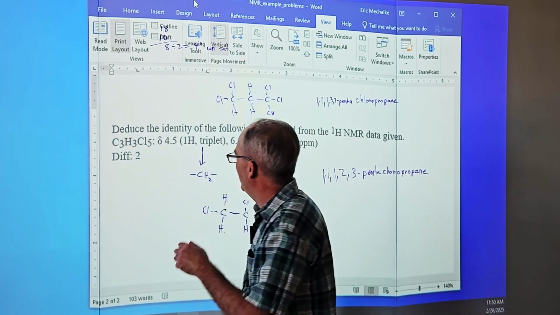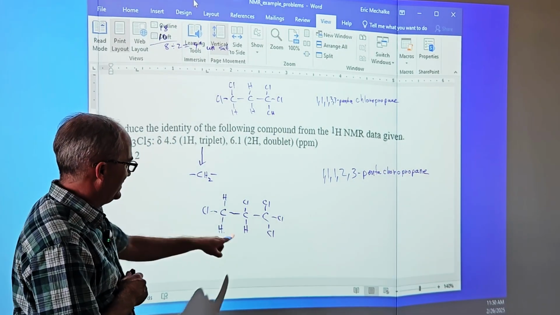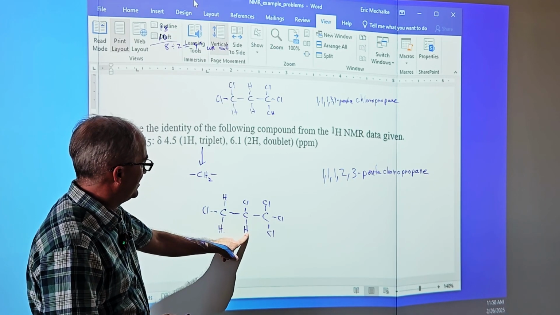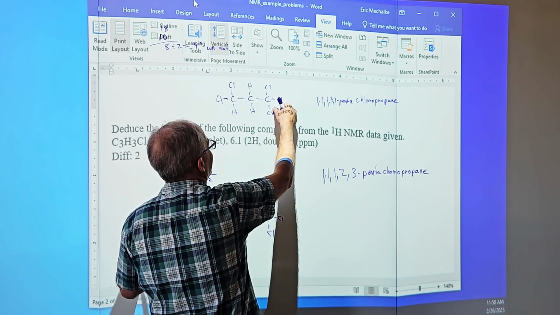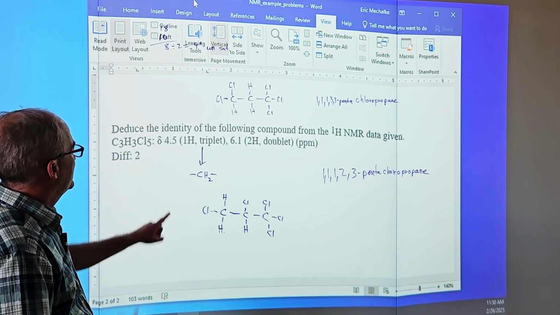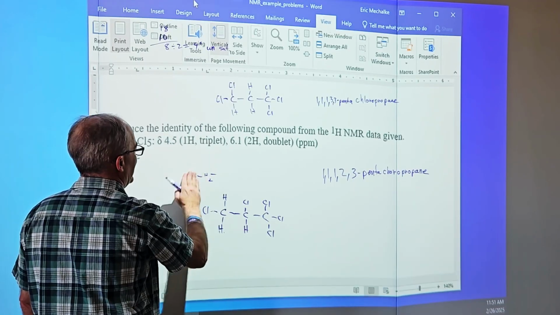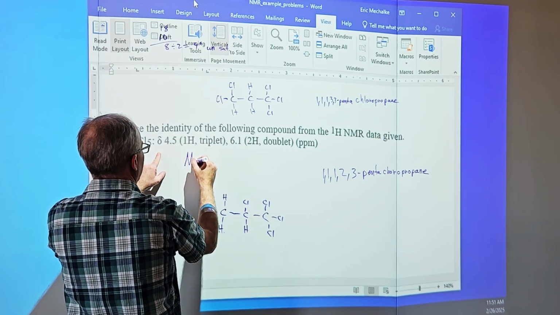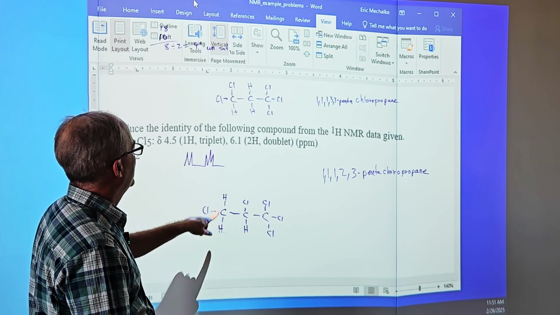Let's think about where these peaks show up. This one down here, it's got to be the most deshielded, least deshielded. Oh, and I did it again. So this one has, I'm going to just draw what I'm seeing. Doublet, triplet, doublet, triplet.